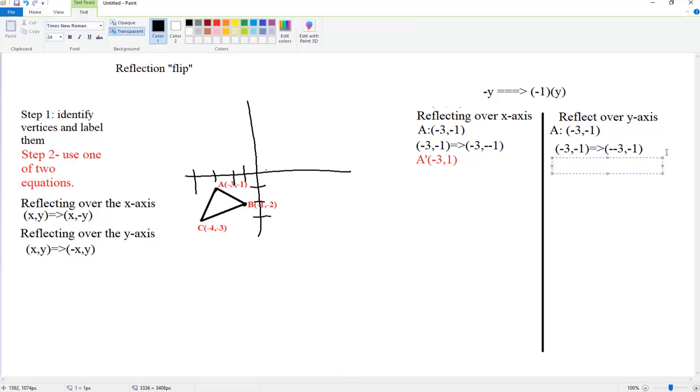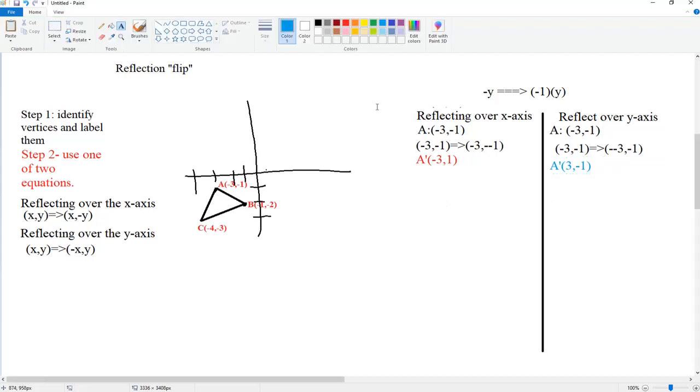Which means that my A prime, for this specific one, I'm going to make this one blue, is positive 3, because negative negative is positive, and negative 1. Okay? And we're going to do this for B and C as well.